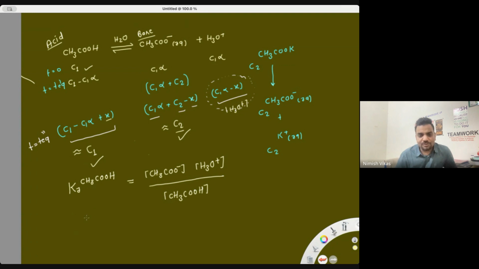You can take the log on both sides. So log of Ka of acetic acid equals log of concentration of acetate ion divided by acetic acid plus log of hydronium ion.